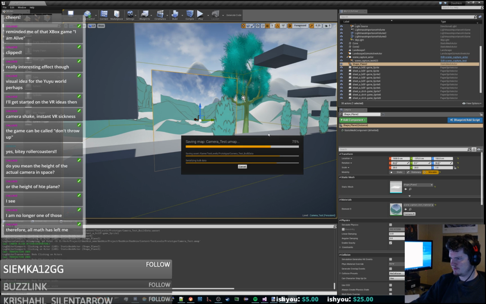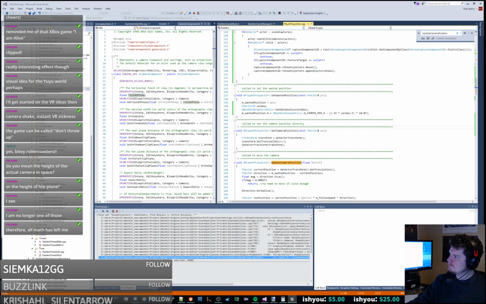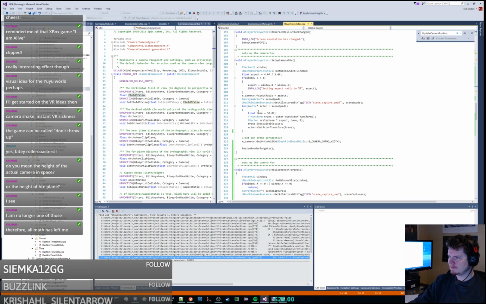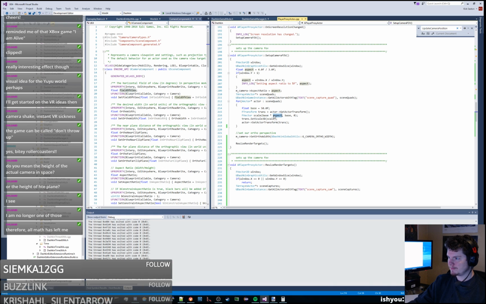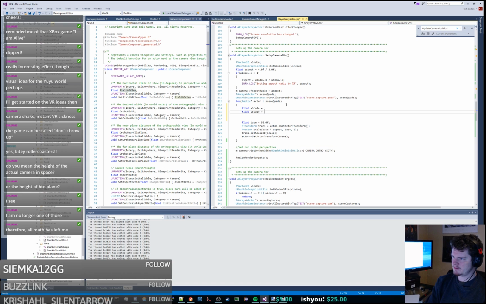So the scale of this background piece, if it's 1 by 1, is going to be float X scale equals something, and float Y scale equals something else.